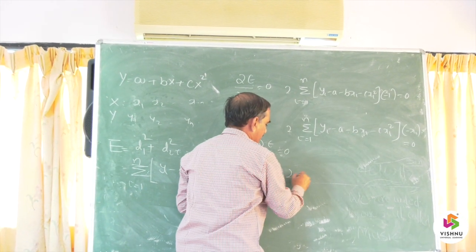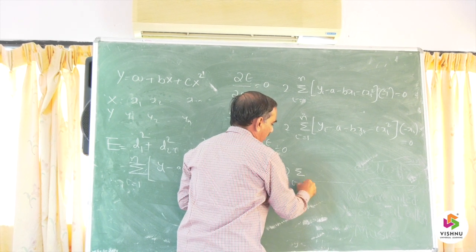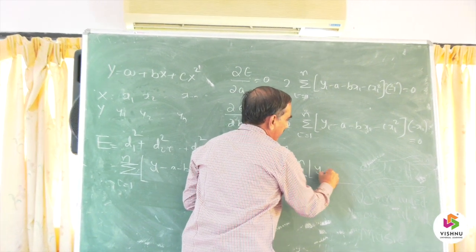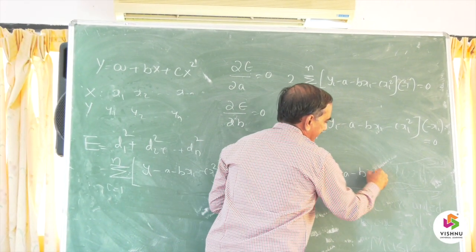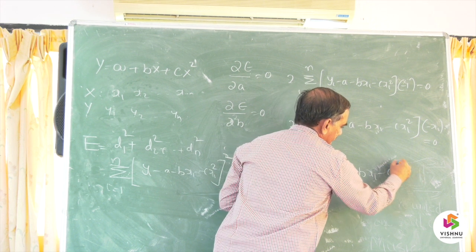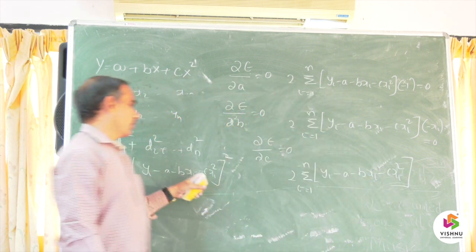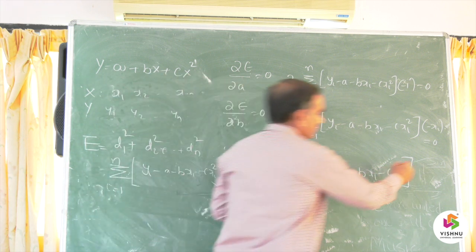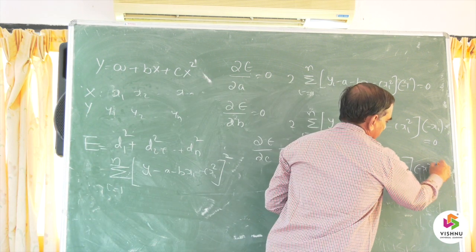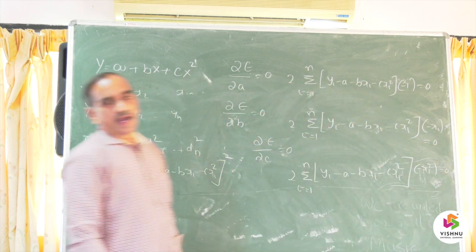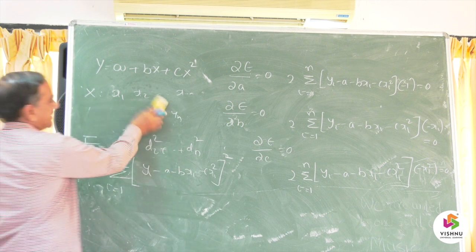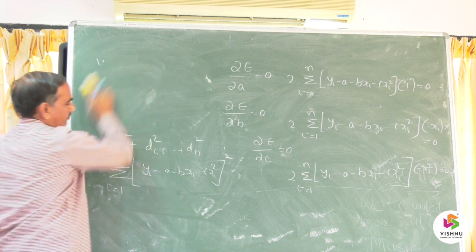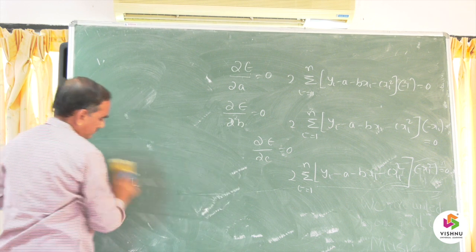Similarly, for the third equation, 2 into sigma i is equal to 1 to n, yi minus a minus b xi minus c xi square, into, now the coefficient of c is minus x square, is equal to 0. And now the remaining procedure is the same as in the earlier theorem, fitting of a straight line.